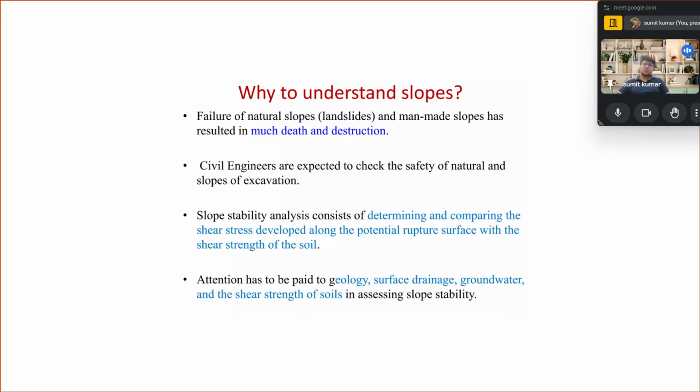Okay, so now you see the slope stability analysis consists of determining and comparing the shear stress development along the potential rupture surface with the shear strength of the soil. Attention has been paid to the geology, surface drainage, groundwater, and the shear strength of the soil in assessing the slope stability.